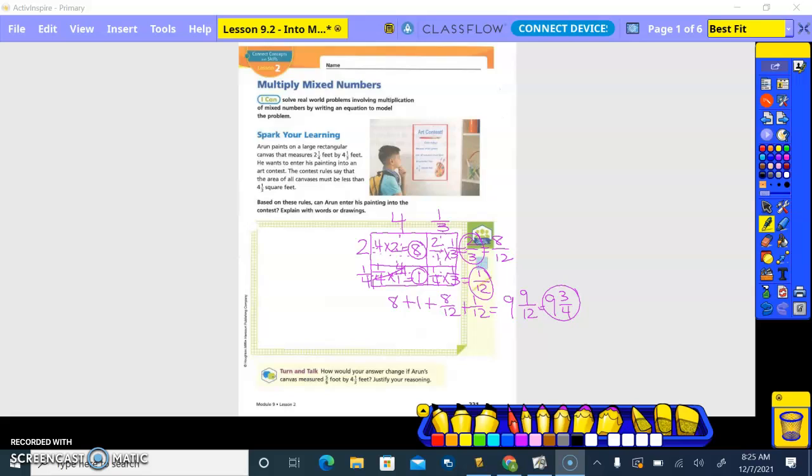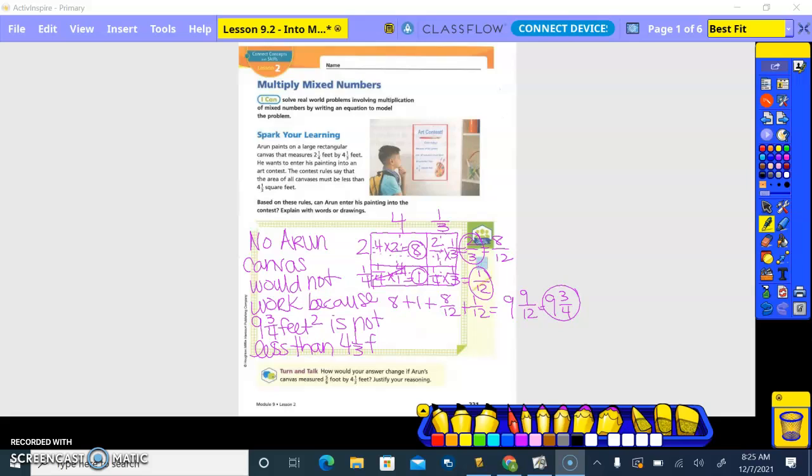Okay, so no. Aaron's canvas would not work because 9 3/4 feet squared is not less than 4 1/3 feet squared.